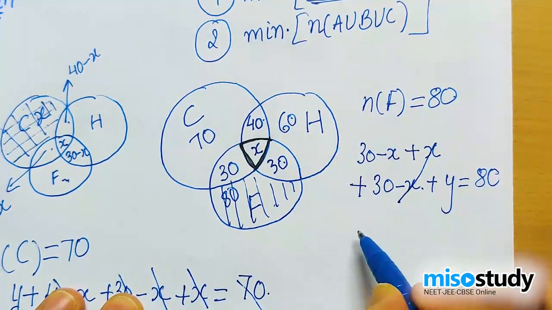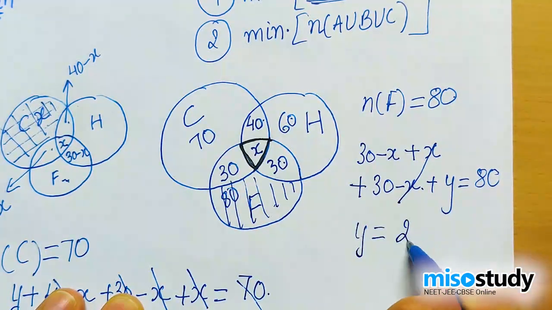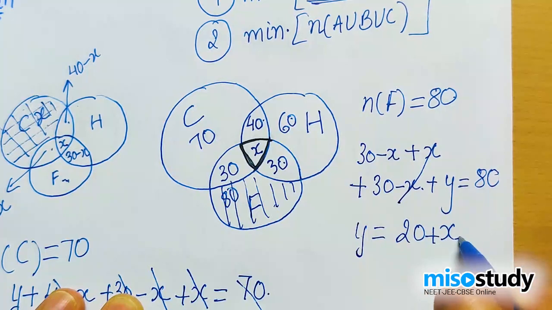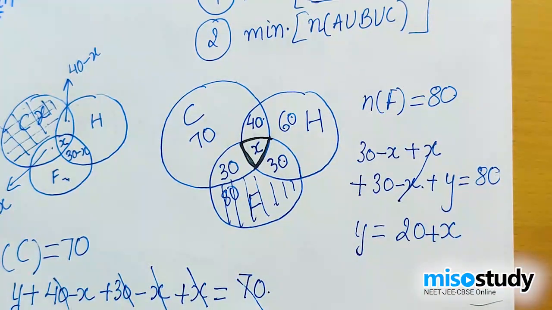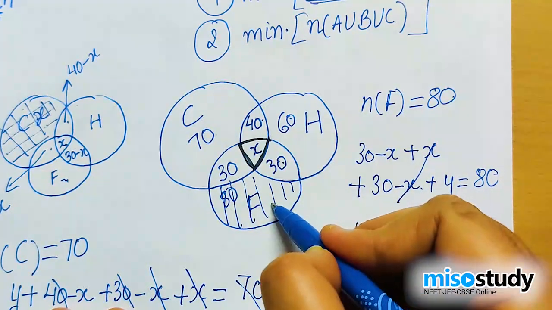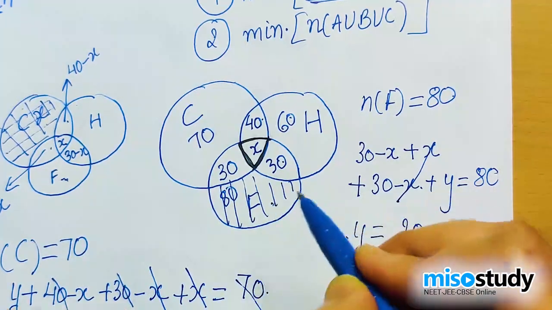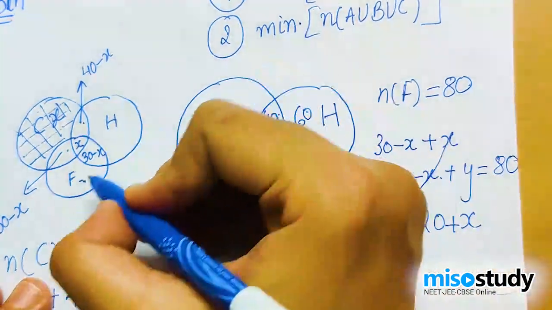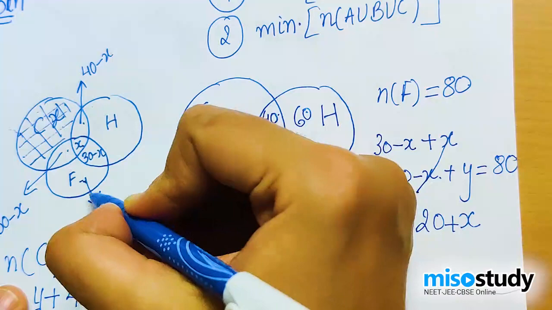Once you solve this, you get Y equals 20 plus X, right? So this Y is this portion which we needed to find out. So we write it over here, 20 plus X.